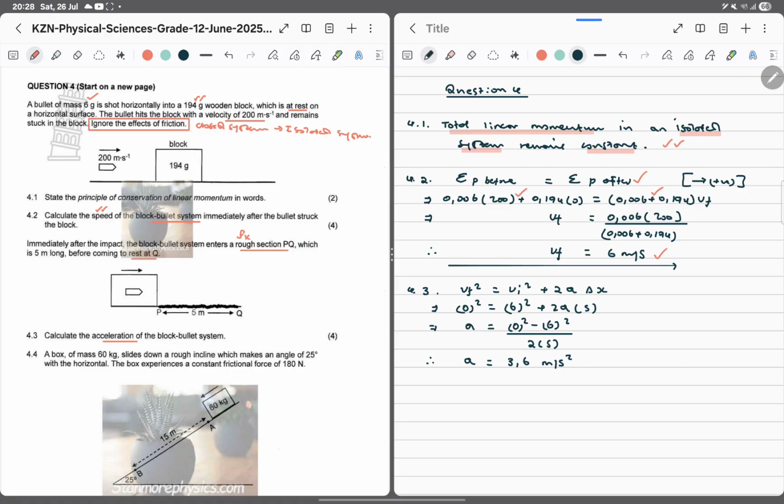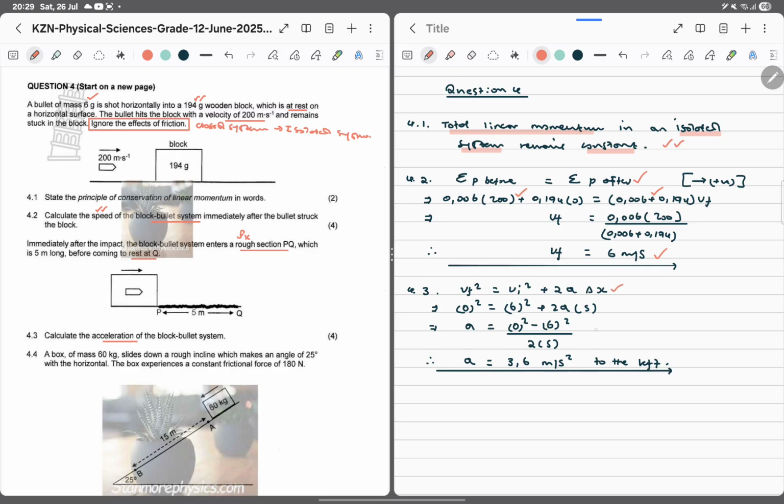This means it's to the left. So we can say to the left, or in the opposite direction of motion. We can just use an arrow pointing to the left. So there are many ways of denoting the direction. Again, the question said acceleration, so you need to think about direction here.